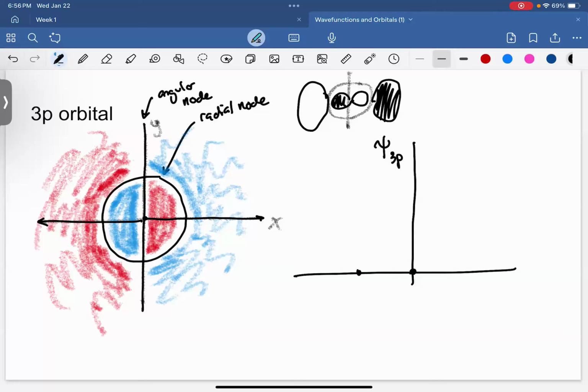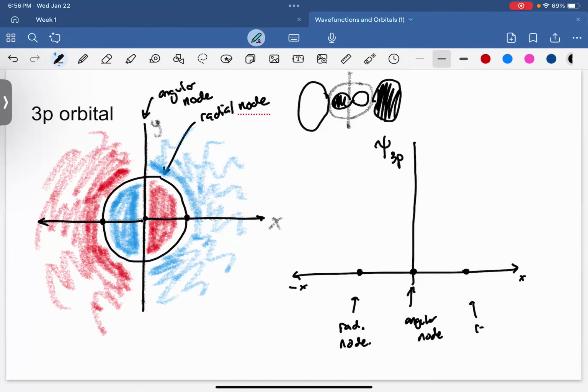I've also got nodes in the positive x and negative x directions. This one at the center is my angular node. These two that I'm seeing out here are my radial nodes. Or it's one radial node, but it's crossing this x-axis at two different places.